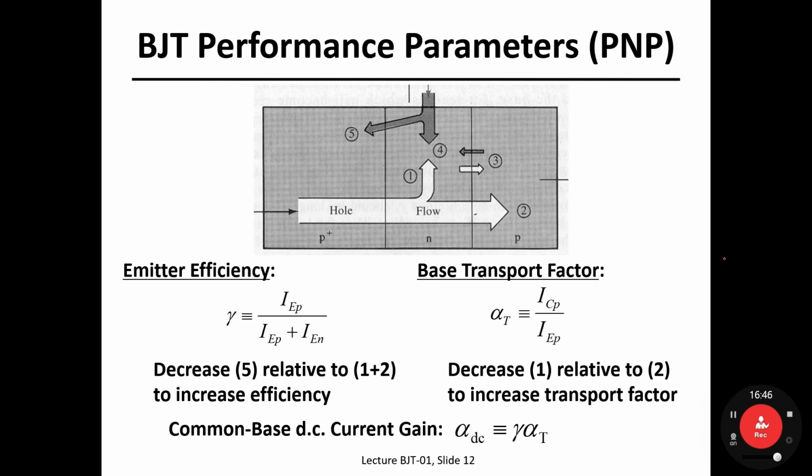All right. Now let's go back to the question that I raised in the very first second of this movie clip. How to measure, how to evaluate the device performance of a BJT.